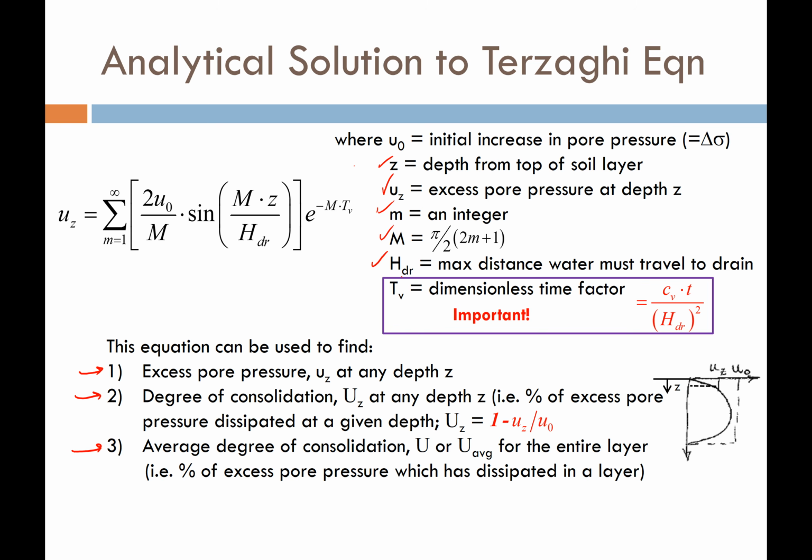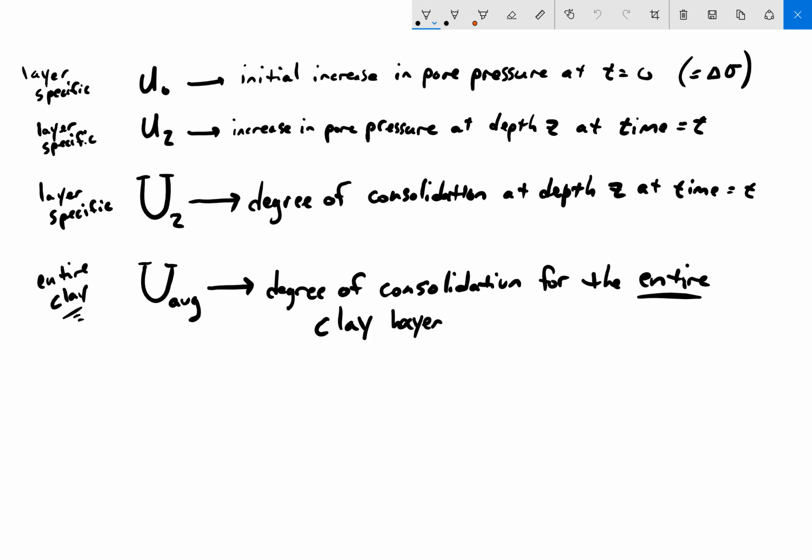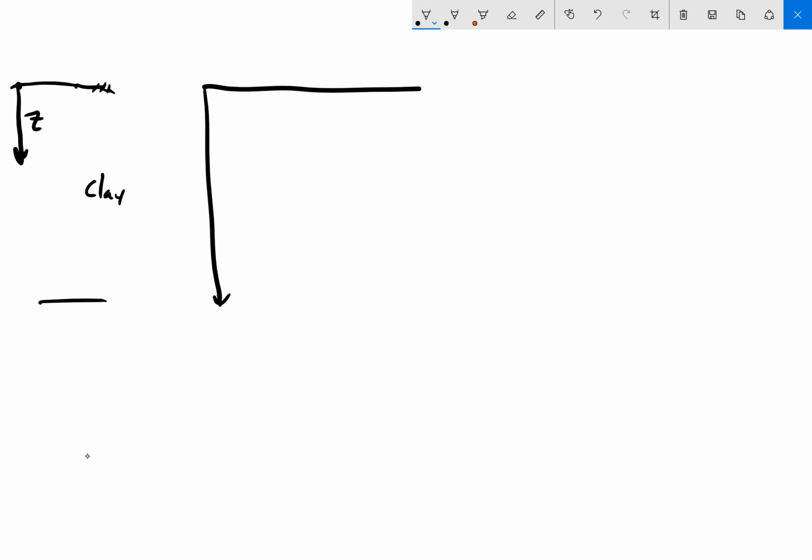And so think of it like this. I like this little sketch. I'm going to draw it. Say I have some clay layer. There's the top. I'm going down. Down is depth Z. And I'm going to draw a plot.